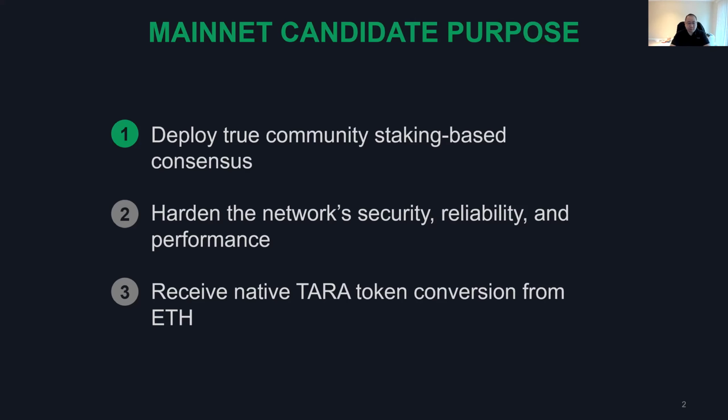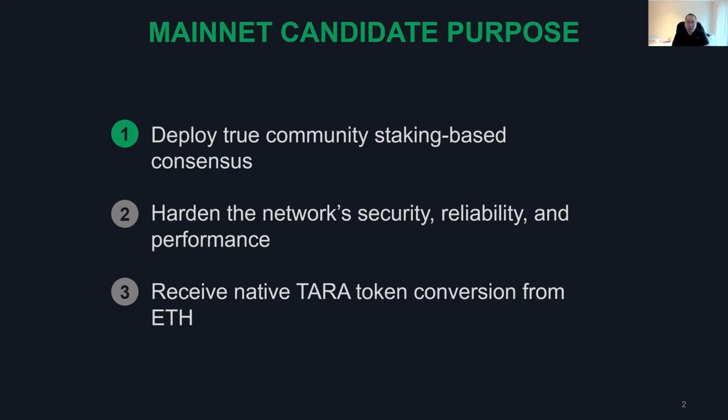The second one is to really harden the network security, reliability, and performance. The reason why we want to do that is we have this upcoming native token conversion, and we want the network to be able to host decentralized applications, which are becoming increasingly demanding in modern days in the crypto world.